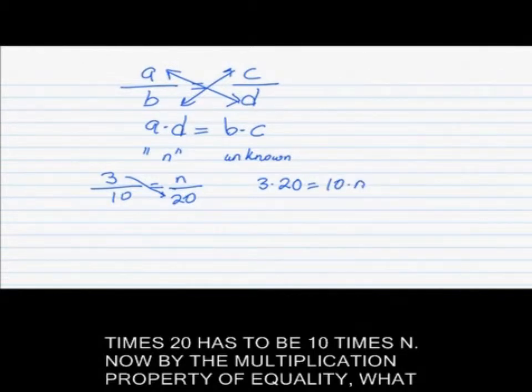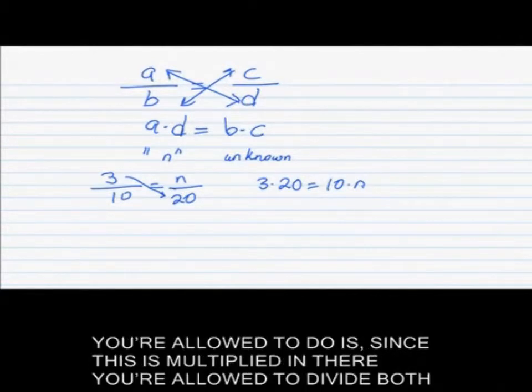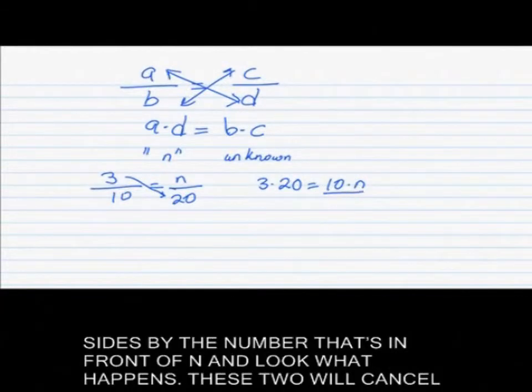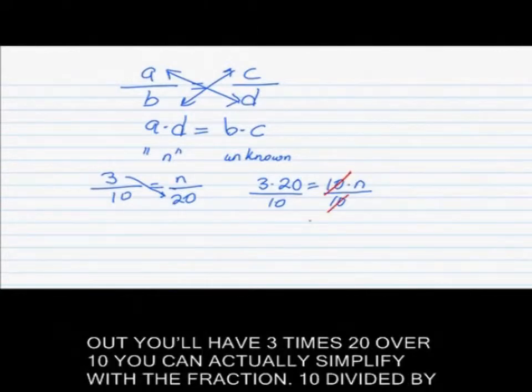Now, by the multiplication property of equality, since this is multiplied in there, you're allowed to divide both sides by the number that's in front of n. And look what happens. These two will cancel out.